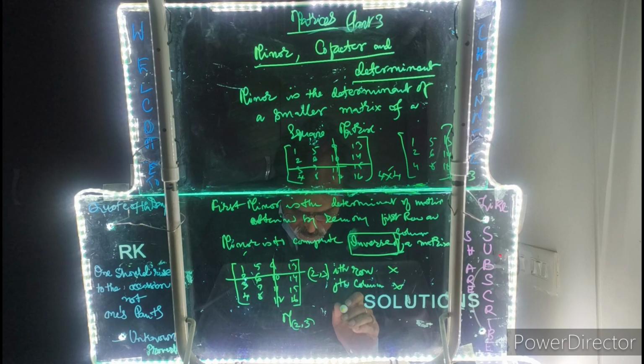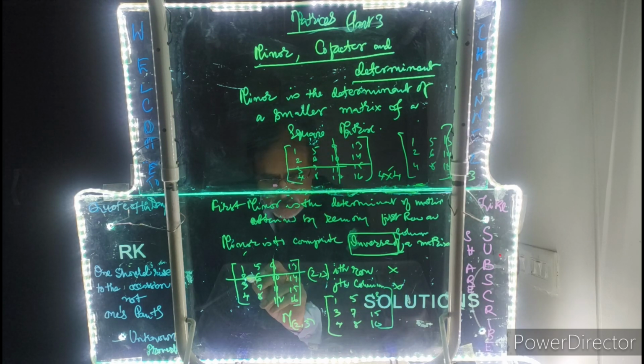So this M23 will be 1, 3, 4, 5, 7, 8, 13, 15, 16. Because we removed this row and this column, resulting in this matrix, which can be denoted by that symbology.